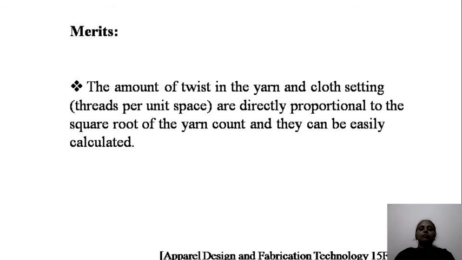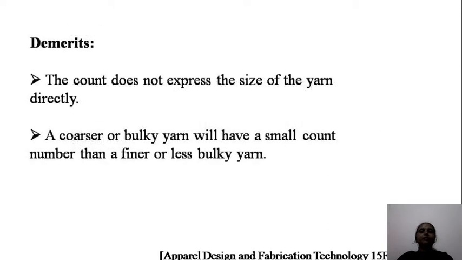The amount of twist in the yarn and the cloth setting, that is threads per unit space, are directly proportional to the square root of the yarn count, and they can be easily calculated in the indirect system. These are the merits.